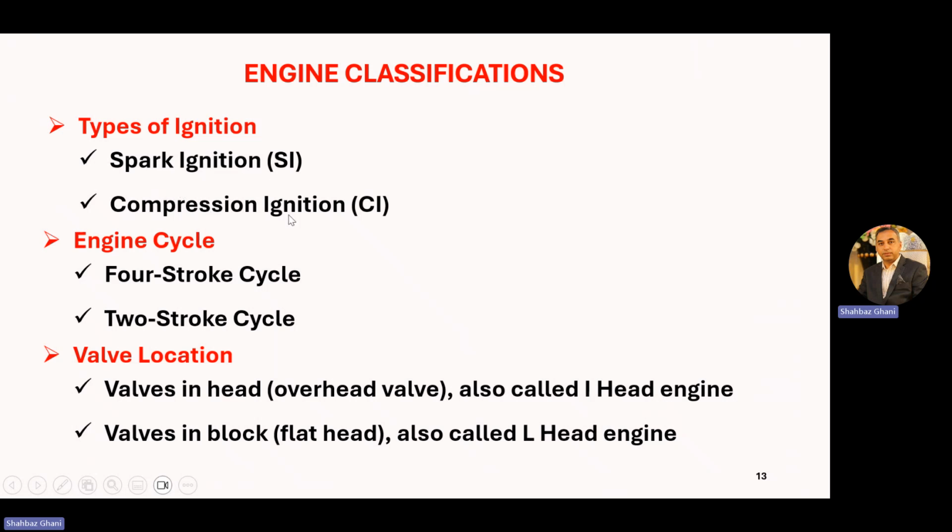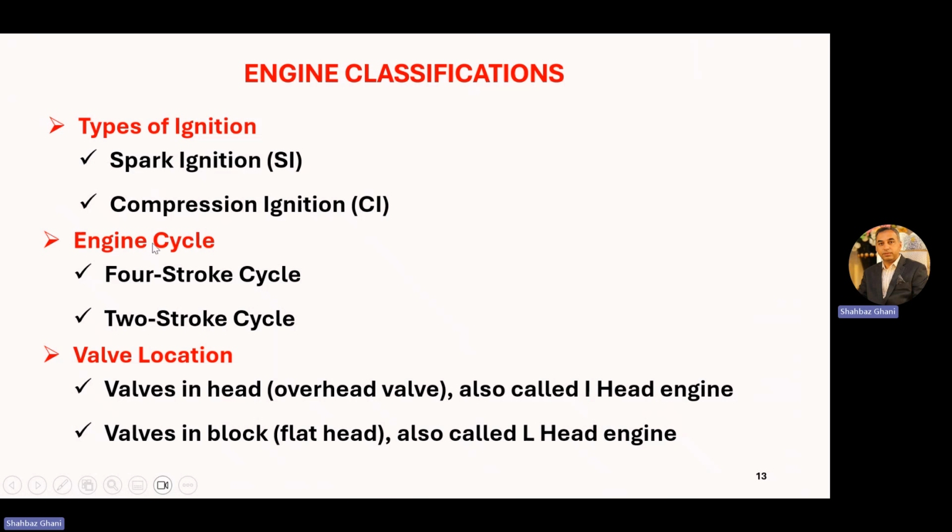Second is the compression ignition engine, also known as the CI engine, in which we compress the air to a high limit and then inject the fuel into that high pressure, high temperature compressed air, and due to the high temperature, the combustion takes place. So with the help of the type of ignition, we have the SI engine and the CI engine.